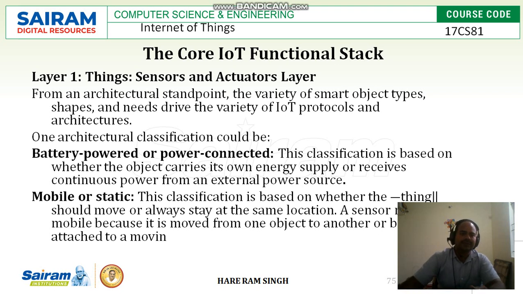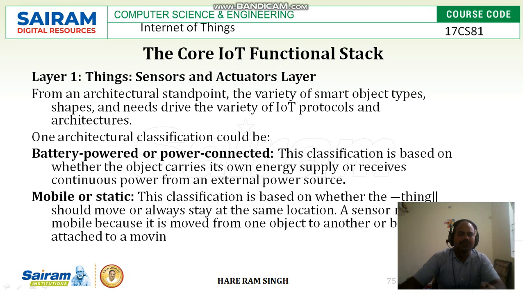First is battery powered or power connected. Whatever things we are seeing today which are connected with the internet, they are either battery powered or power connected directly from the powerhouses.